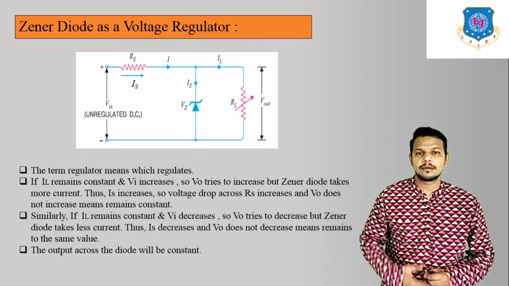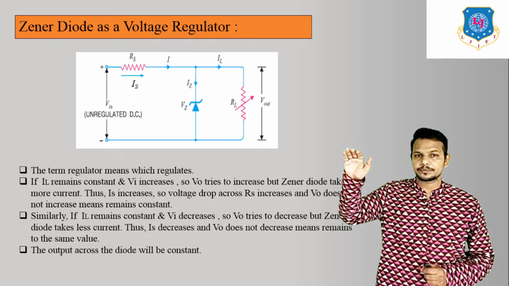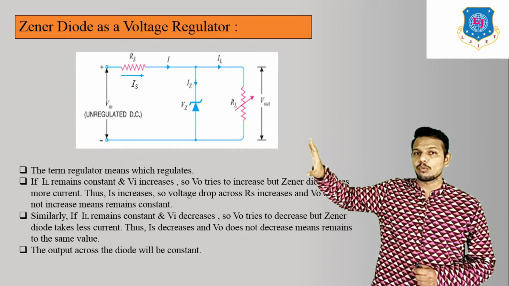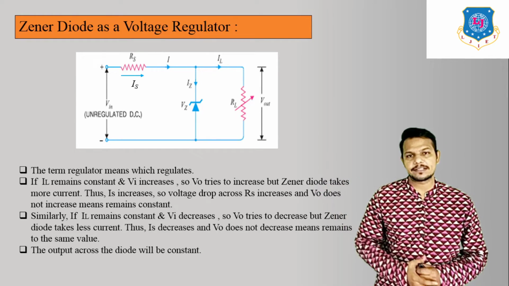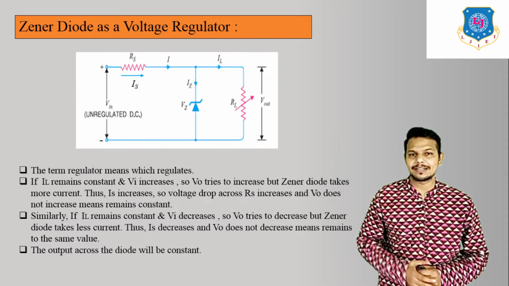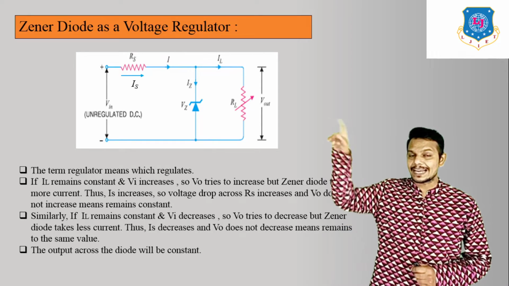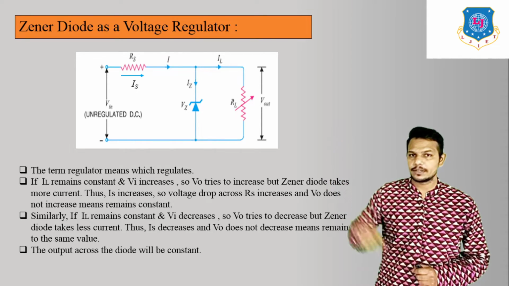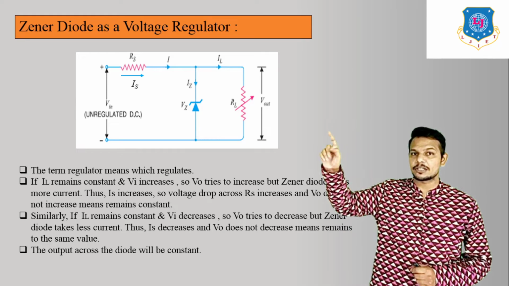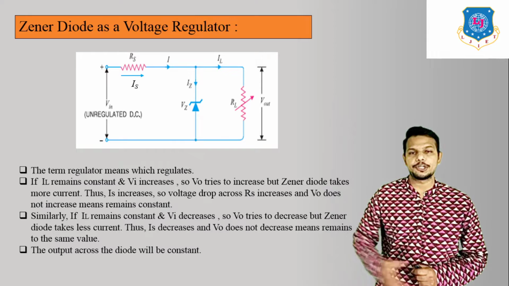And the next possibility: if IL remains constant but the input voltage Vi decreases, then VO tries to decrease, but the Zener diode takes less current, thus IS decreases. IS decreases, that means the voltage drop across RS is going to reduce.